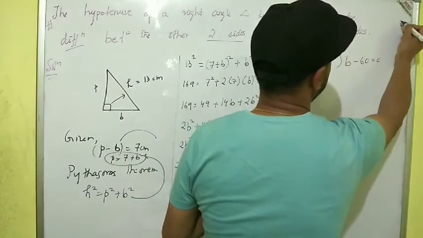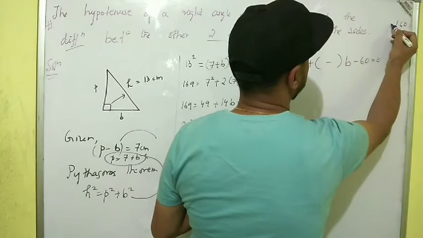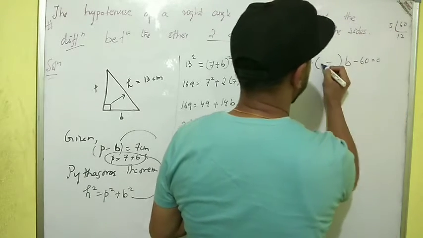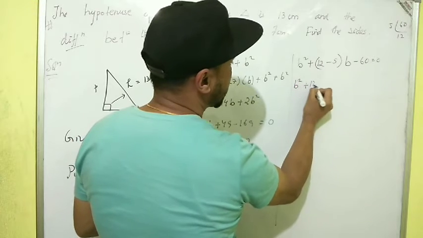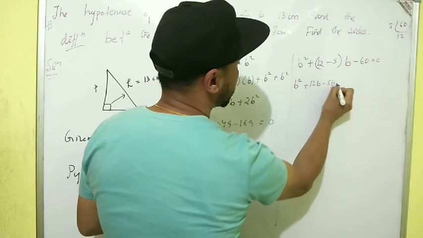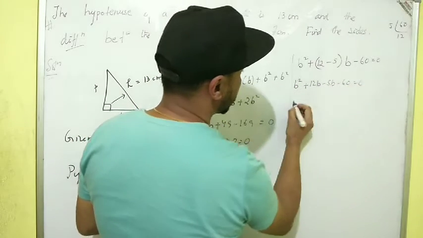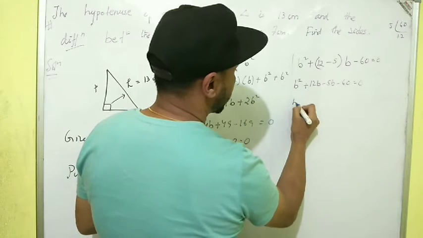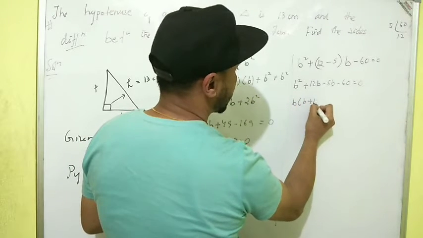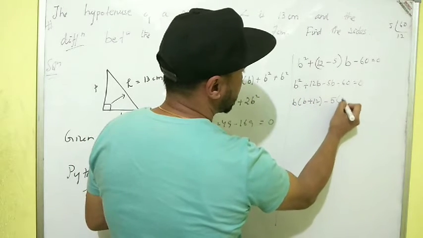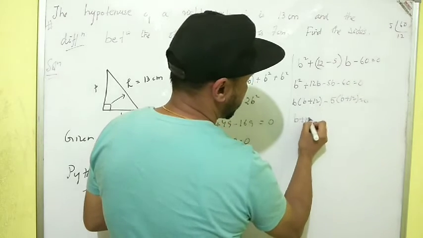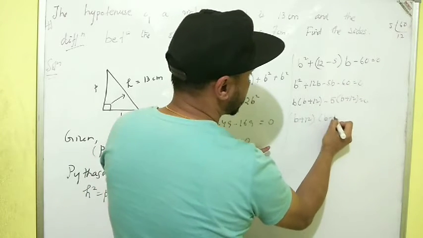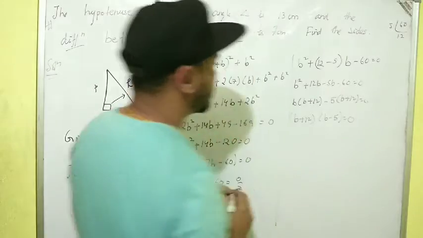Take the LCM of 60: it is 12 minus 5. So b square plus 12b minus 5b minus 60 is equal to 0. Taking b common, b plus 12 and b minus 5 is equal to 0.